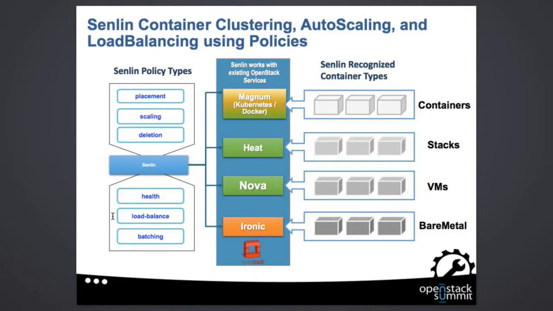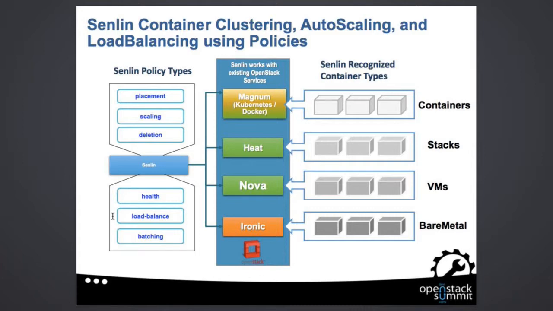Policies work with profiles, and profiles describe the resources that you're looking at with respect to the various services that OpenStack provides. So you can have a group of resources that are specific to Heat stacks or Nova service or Ironic bare metal, et cetera. And on the right-hand side are your clusters of objects within the Senlin service.